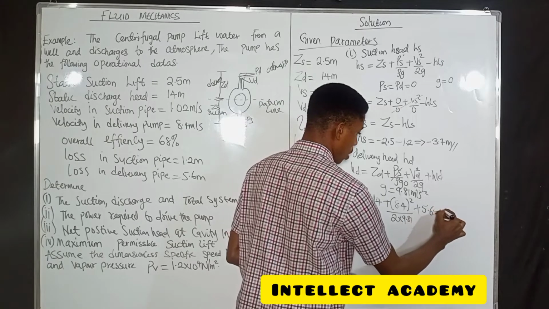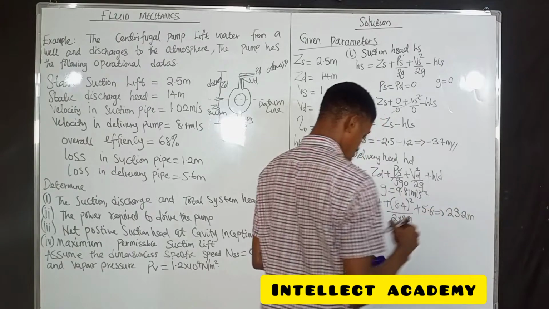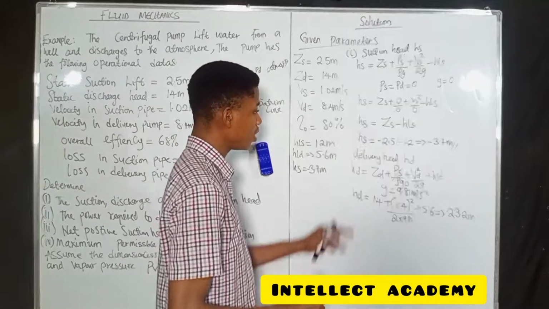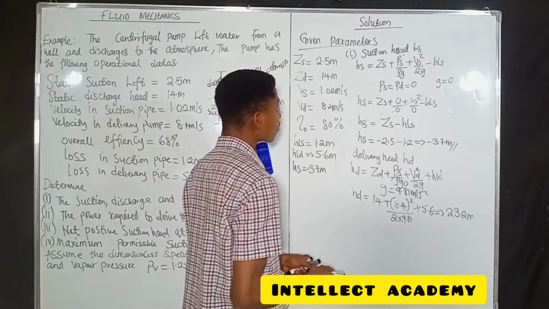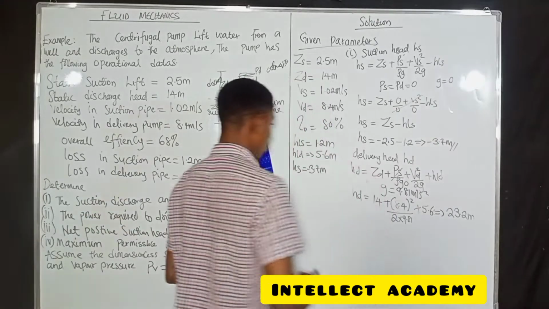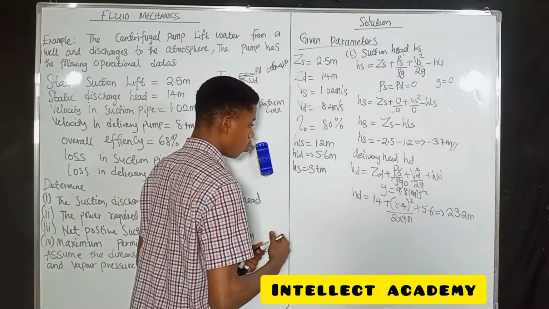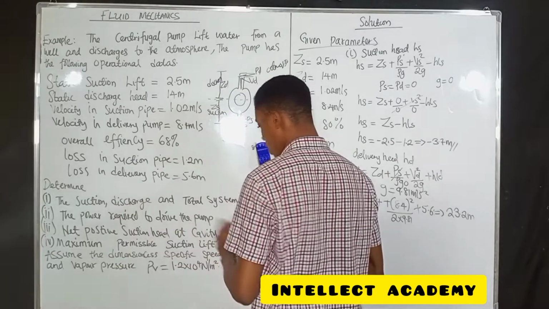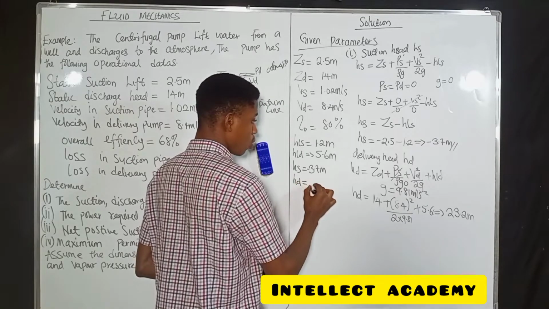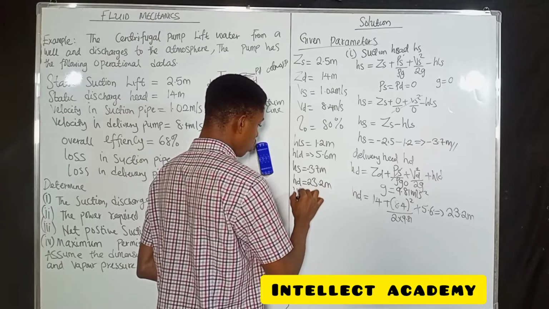So this will amount to 23.2 meters. So this is the value of our HD, which is the delivery head. Take note of that. Now under this question, they say calculate the suction head. We just calculated it. We got negative 3.5 earlier. We also calculated our discharge head HD, which is equal to 23.2 meters.